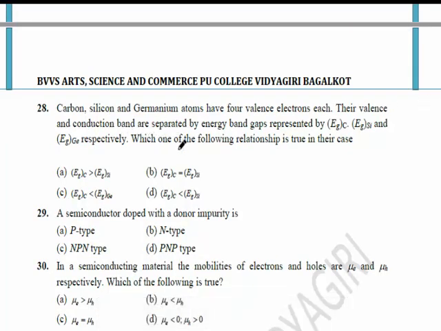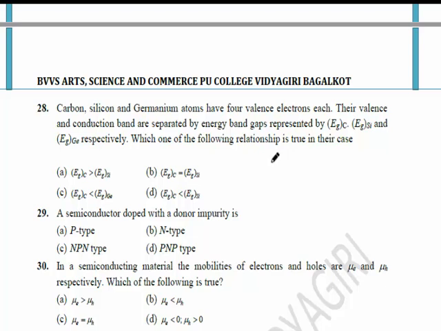28th question. Carbon, silicon, germanium atoms have 4 valency electrons. Their valency and conduction band are separated by forbidden energy gaps EgC, EgSi, EgGe respectively. Which of the following relations is correct? Normally carbon, silicon, germanium all have 4 valency electrons.